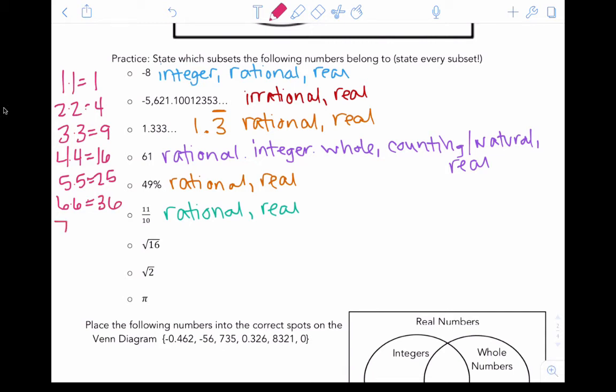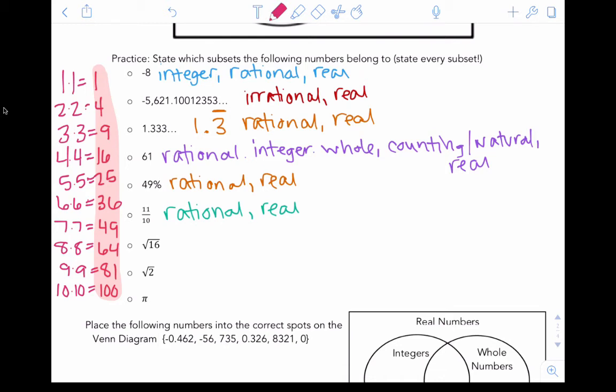I'm multiplying each number by itself, and I'm listing out what that product is, so what they multiply to. And then I'm going to go ahead and stop at 10, even though this could go on forever.